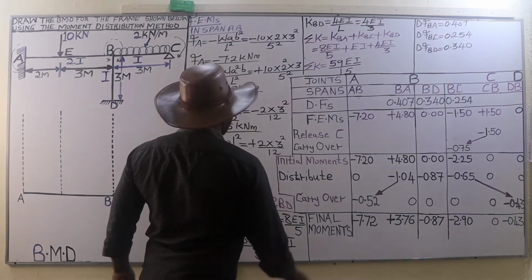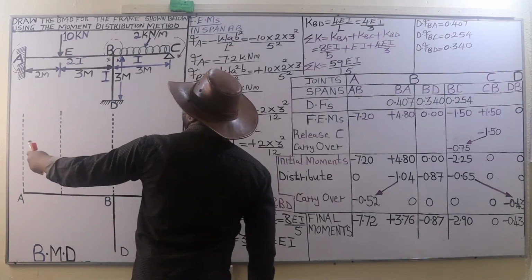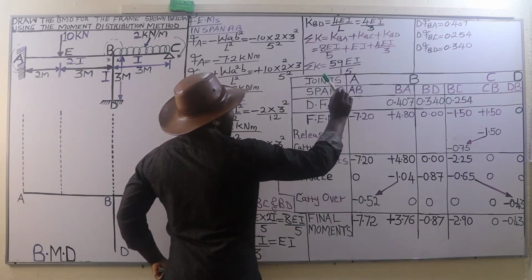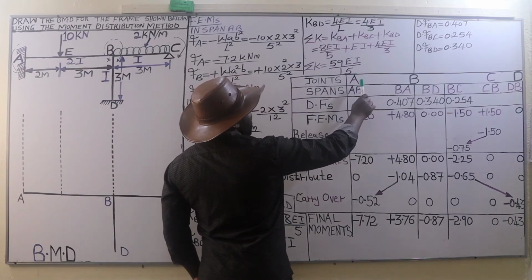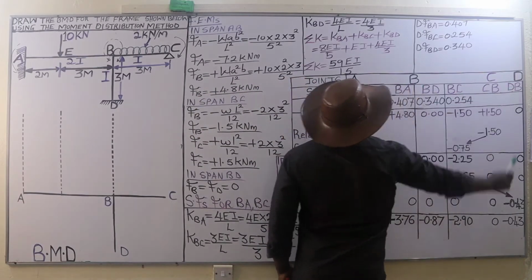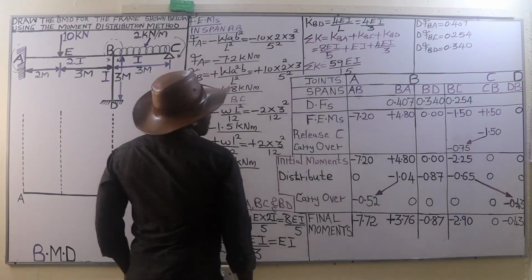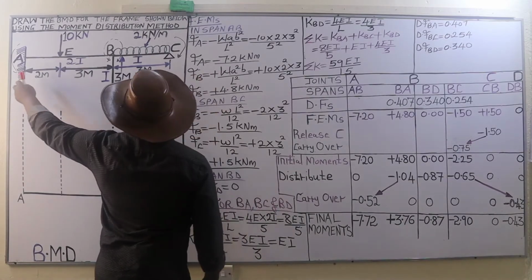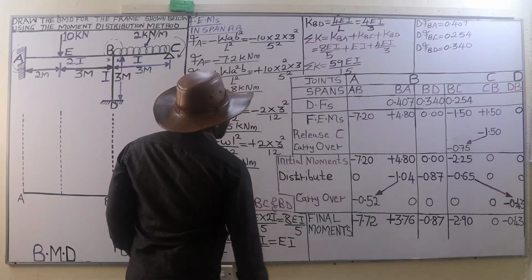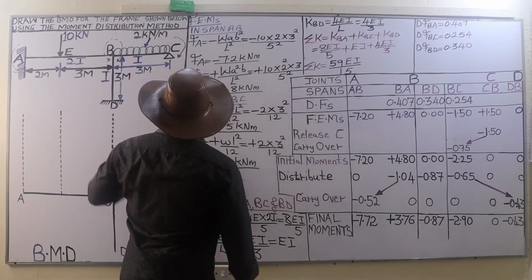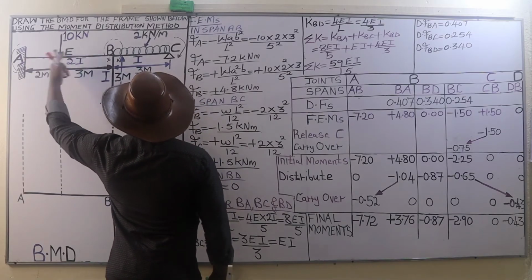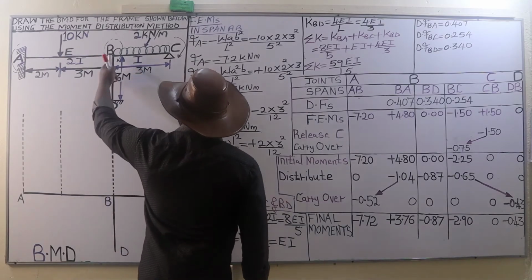Now we have the joints, and in this case on our beam we have 4 joints: joint A, B, C, as well as D. I have written them here. On joint A, we have member AB, or span AB. On joint B, we have 3 members: member BA, member BD, and member BC.